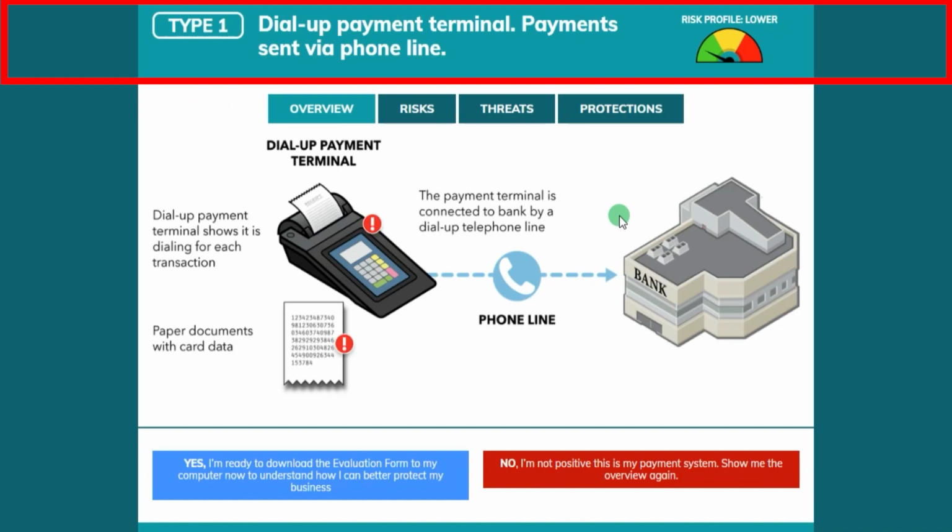It is going to print, and this is something you want to remember, paper documents with card data. We might have a situation of compromise here if you don't properly secure those paper records, or if you don't need them, you need to make sure you get rid of those documents in a secure and proper way.